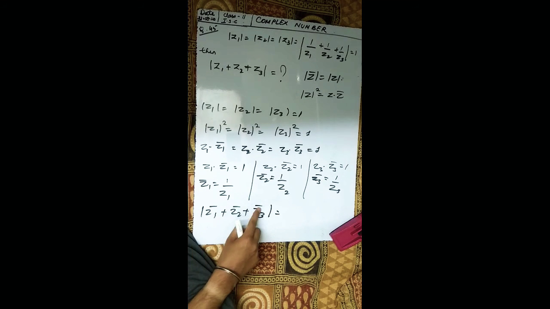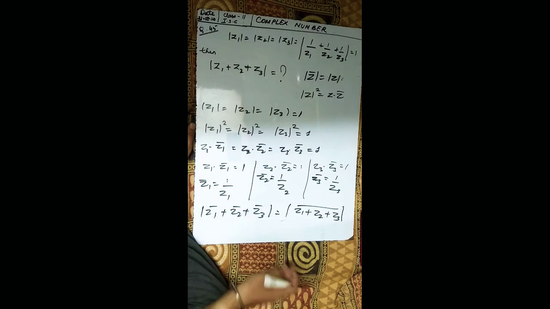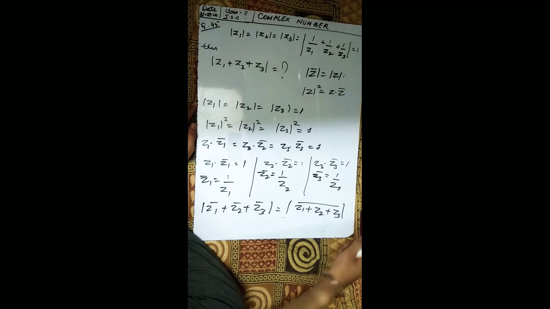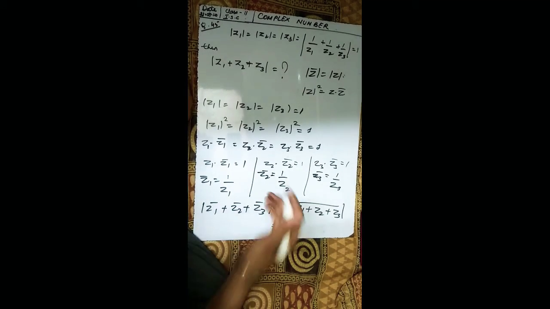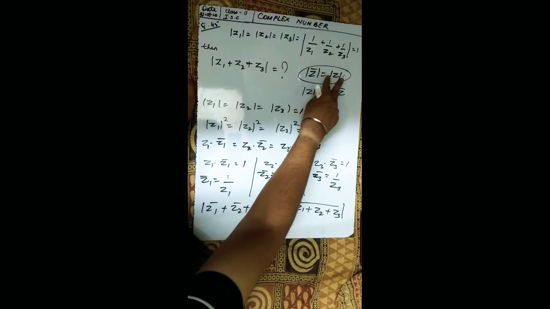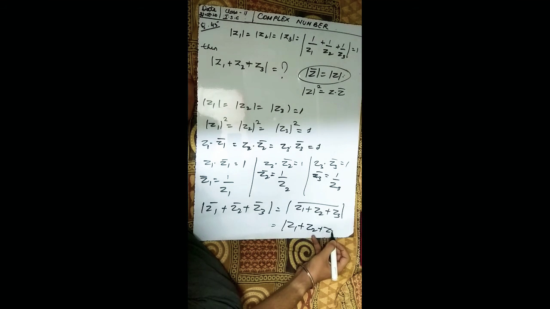Now they all three are bar, and I told you one property, that this can be written as like this. Okay, this is also bar, this is also bar, this is also bar, so we can write the whole bar. Okay, now as we know after this thing, and as I have told you in the very beginning, the property that modulus of z bar is equal to modulus of z, so modulus of z the whole bar can be written as z1 plus z2 plus z3.